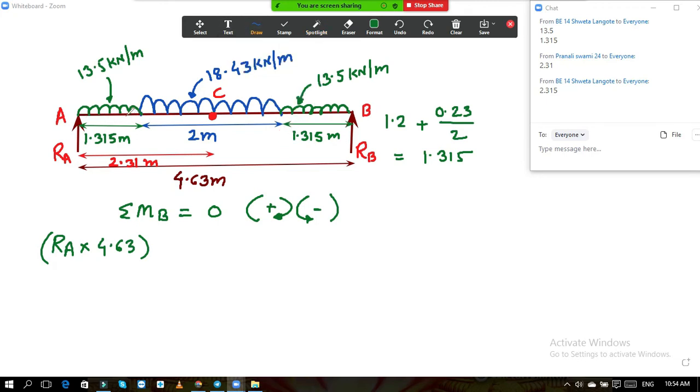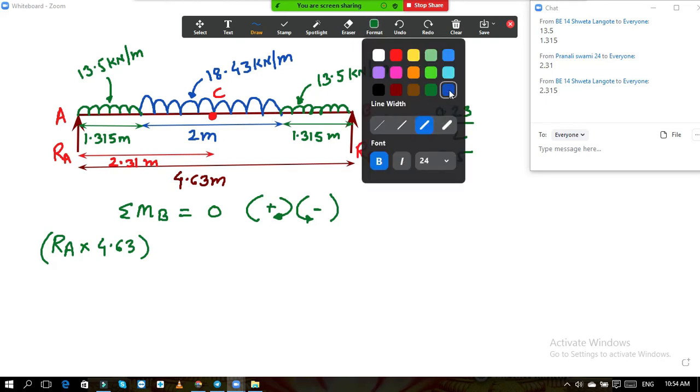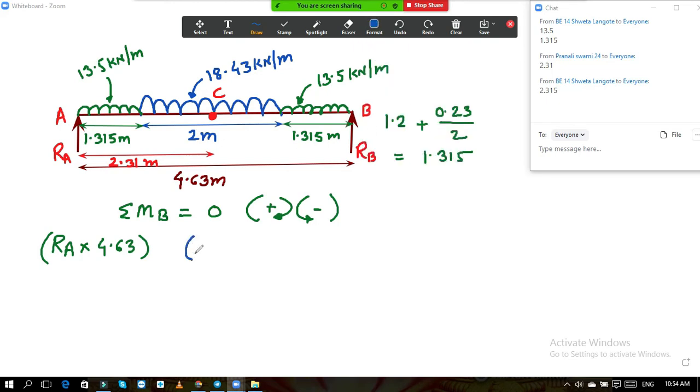Next is this UDL. You need to convert this UDL into the point load first. To convert that UDL into the point load, I will write first what is the value. It is 13.5 into 1.315.